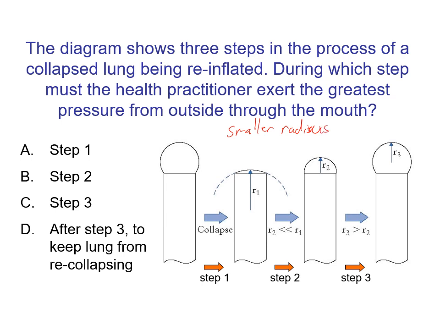And so we need to exert a much greater pressure through the inside of the mouth to blow up the bubble from this step to this step than we do from this step to the next.